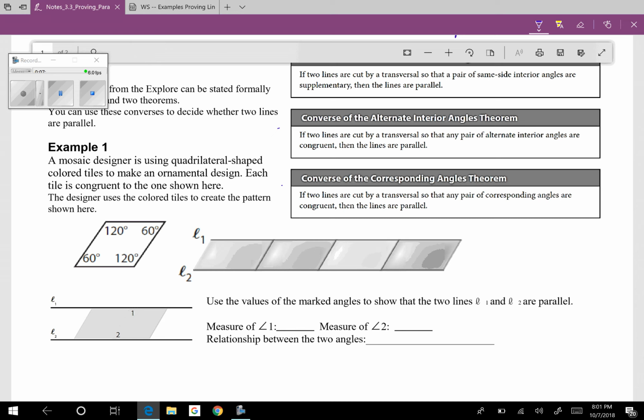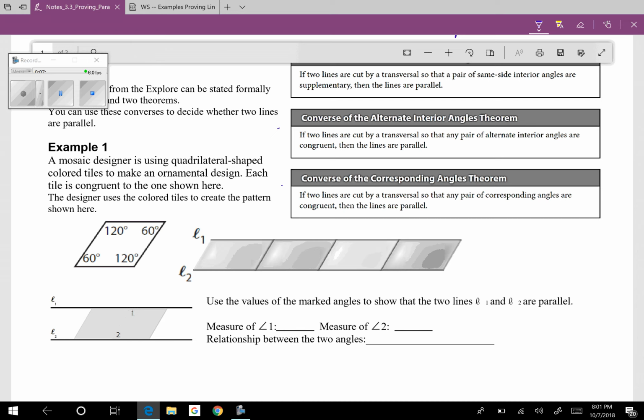We know the top one is going to be 120 degrees, and we know the bottom one is going to be 60 degrees. Now think about this. What's the relationship between here? They're on the same side of the transversal, and they're both on the inside. So let's fill in. The measure of angle 1 is 120 degrees. The measure of angle 2 is 60.